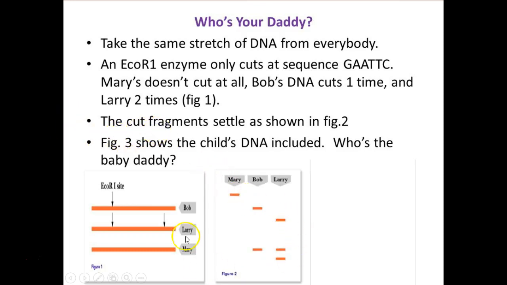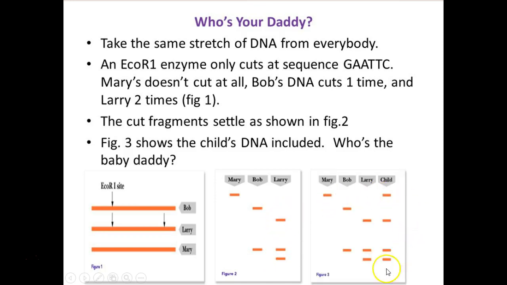So this is what their DNA looks like. Here's Mary's, very big because it never cut, so her DNA is going to move really slow through that gel. Bob's produces 2 strands because his was cut once, so he has 2 strands of DNA, a very long and a very short, and then Larry's cut twice, so he has 2 shorts and a kind of long, okay?